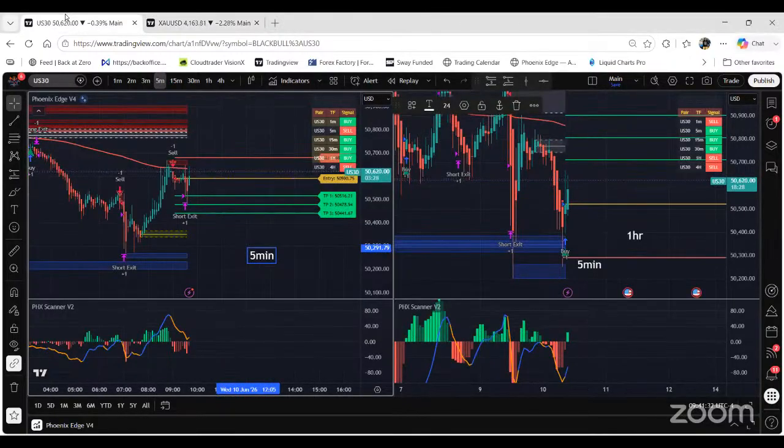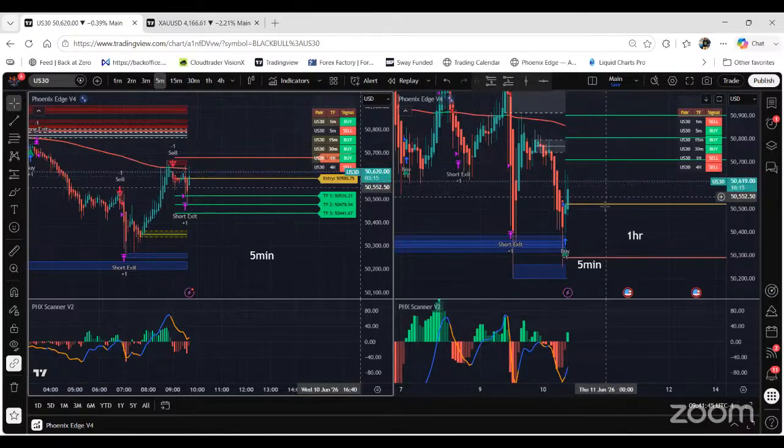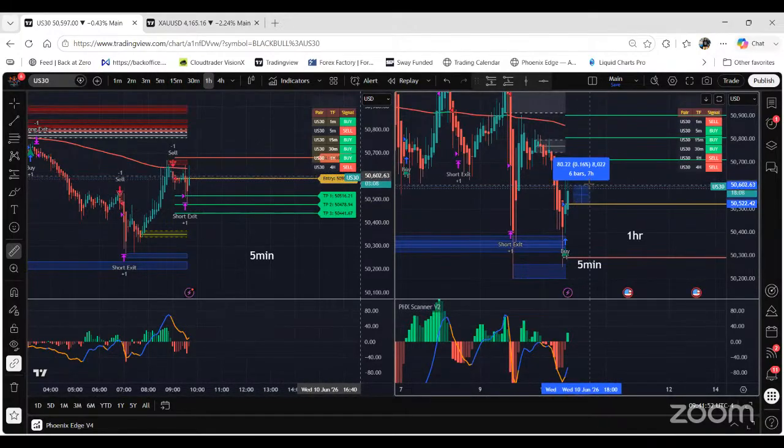Hey, I hope some of y'all took some of these trades that were called out so far. We've seen about 117 on this US 30 5-minute. The 1-hour that I called out for the buy, obviously we are pushing. Yeah, dropping a little bit.